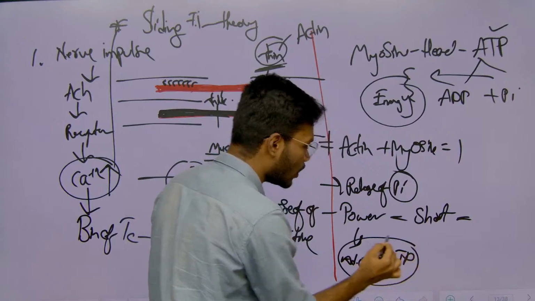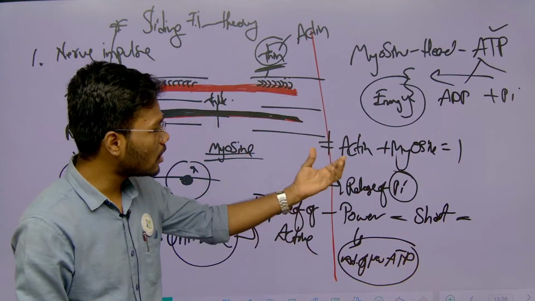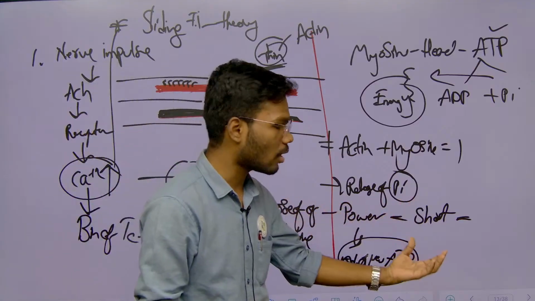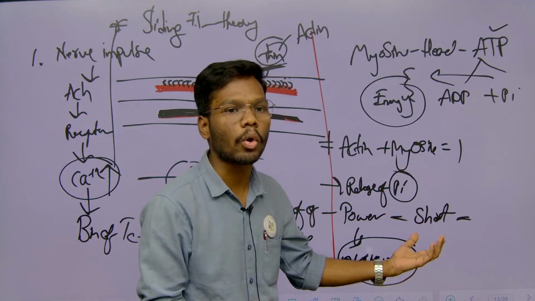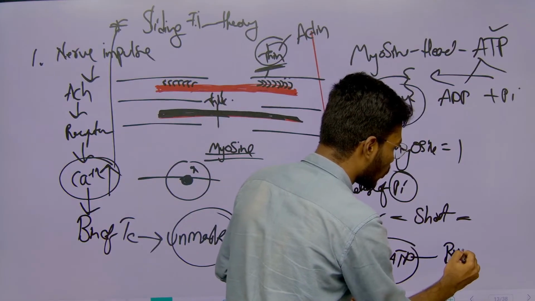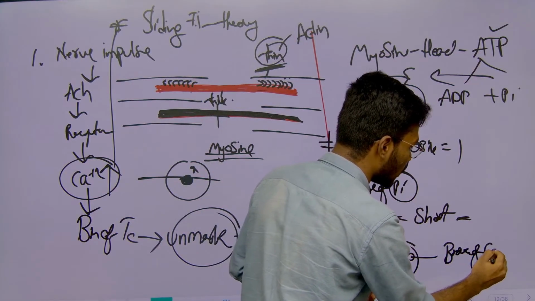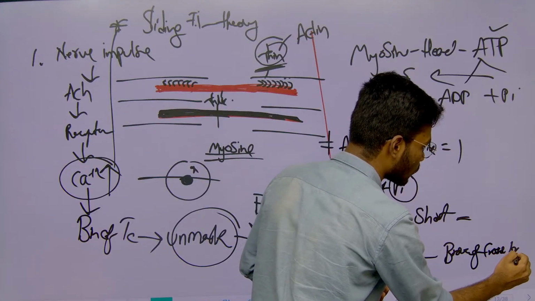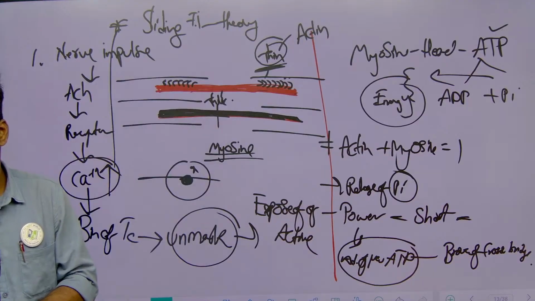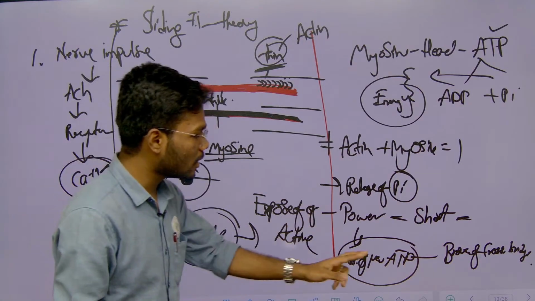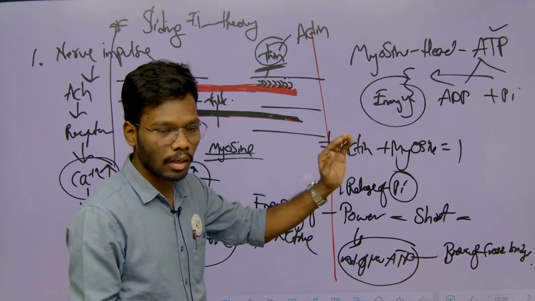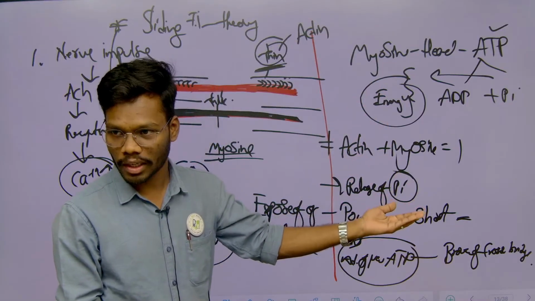Whenever new ATP is added, the cross bridge that we initially formed is removed, broken down. Up to here one contraction will happen. Now again the ATP is hydrolyzed into ADP plus phosphate, for the next round of contraction.